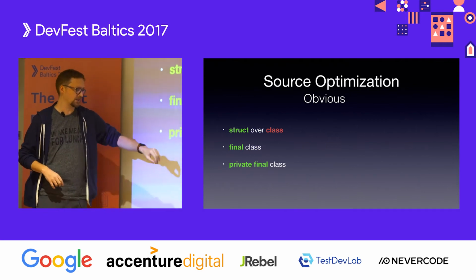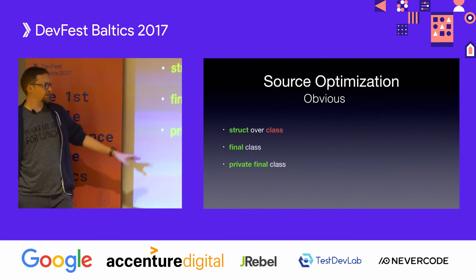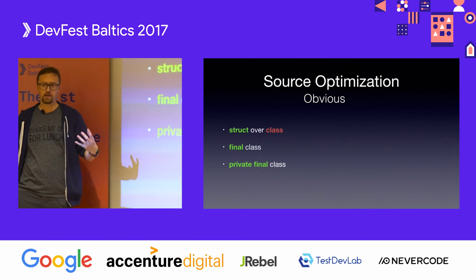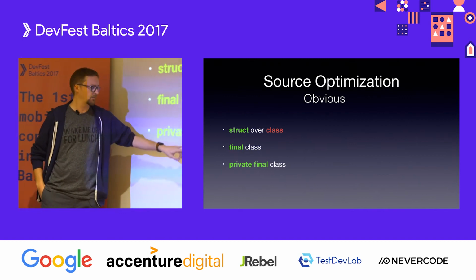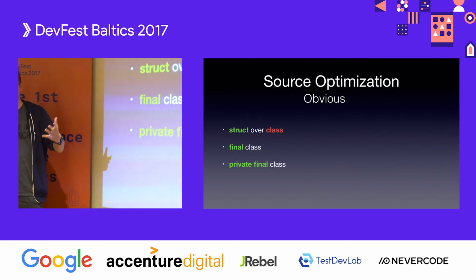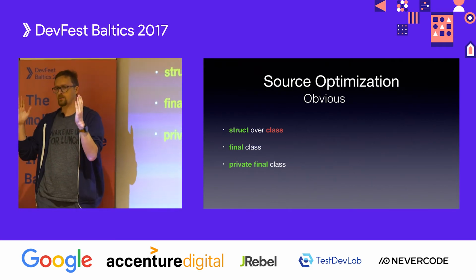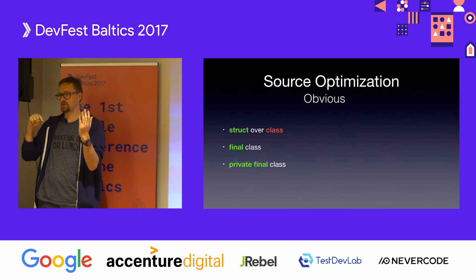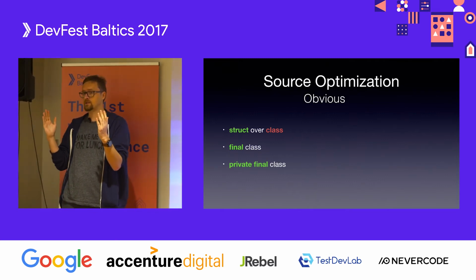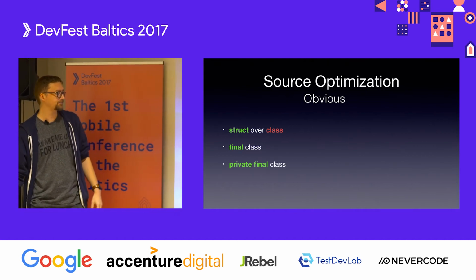And for private final class, actually I could write private class without final, because if we have private or fileprivate, the compiler will figure out by itself if the class is final or not. With fileprivate, we just work with a single file, so we know if there is a subclass or not. If there's a subclass in this file, okay. If not, the class is final, right? The compiler can check that.